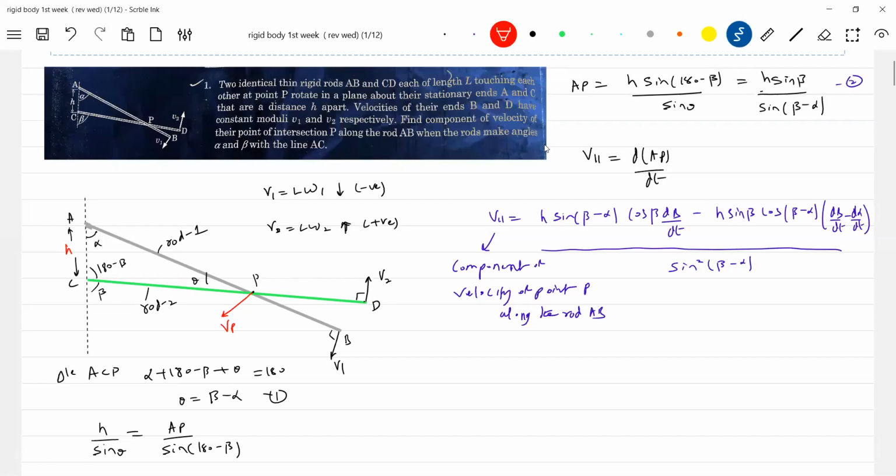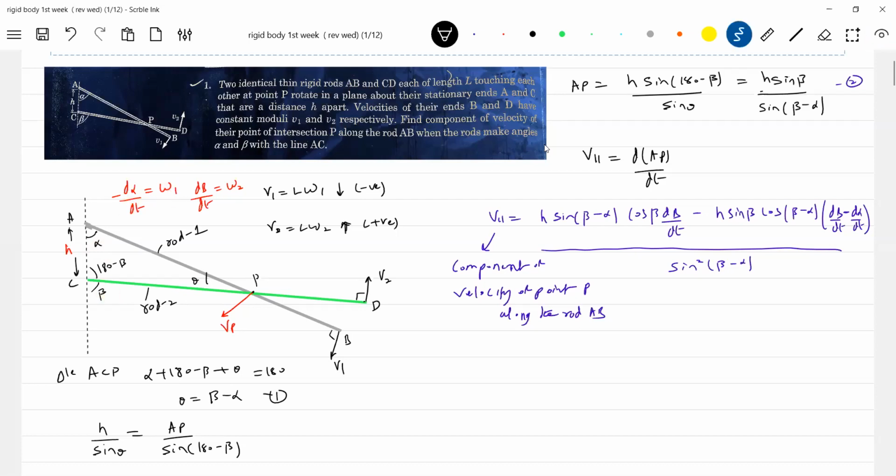Alpha V1. d alpha by dt should be equal to omega 1. dB by dt should be equal to omega 2. Okay, this will become omega 1 plus omega 2, that bracket term. The last corner bracket is very important. Here is what most of us will go wrong. Why negative sign? Alpha will be decreasing, beta will be increasing. No? So therefore it will be like this one.